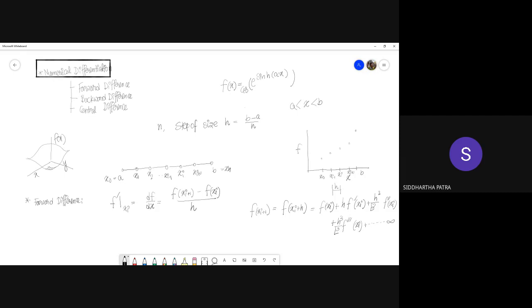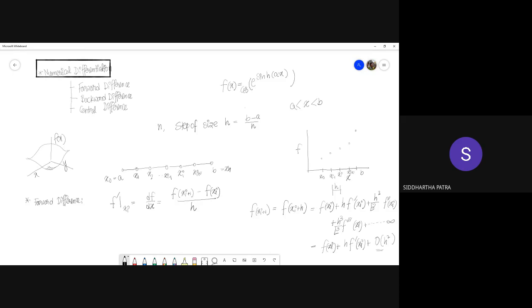Now imagine this thing can be written as f of xi plus h times f prime xi, plus the remaining terms are of order h squared. If we are willing to neglect order h squared, that's why earlier we discussed that the tinier the h is, the more accurate is your calculation of the numerical differentiation.